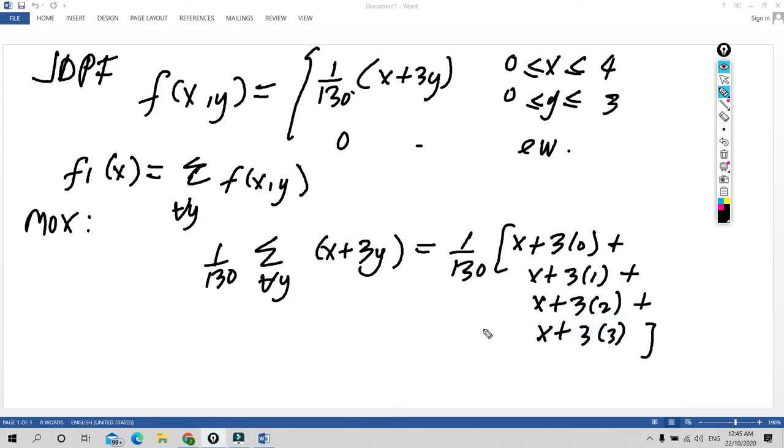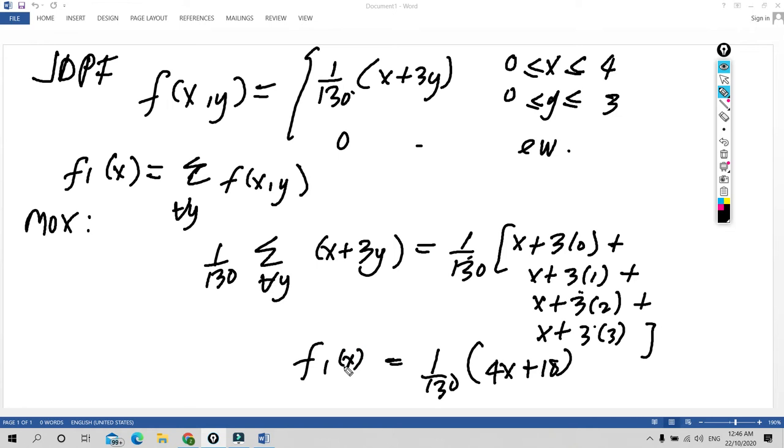So I have 3, 6, 9, which adds up to 18, and 4x. So 4x plus 18 over 130. This is f sub 1 of x, the margin of x.